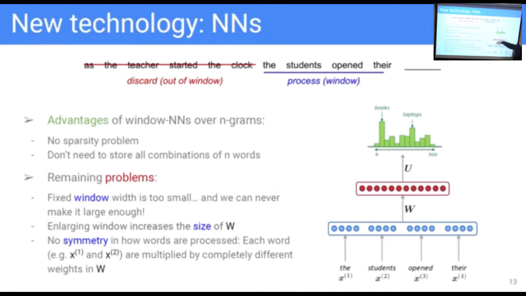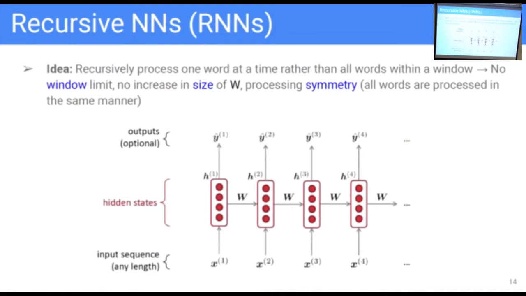The next 4 columns of W are coding for how the second word impacts the internal representation and the probabilities. So anyway, every word is treated completely differently, when in reality words should be processed more or less in the same way, as our intuition tells us.